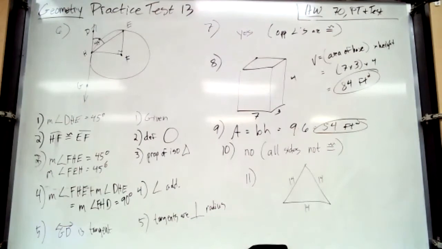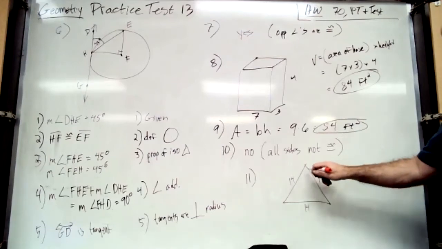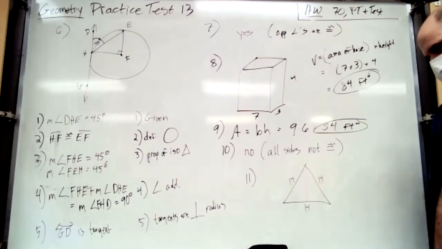Base times height divided by 2, but we don't know the height. You could use a squared plus b squared if you break it up into two triangles. Yep, we could do that.